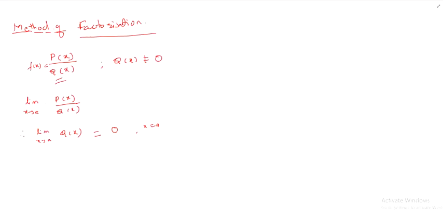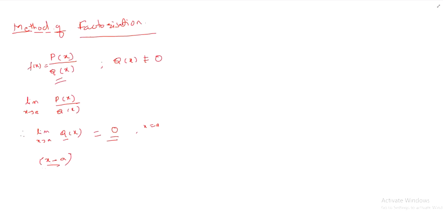So how do we avoid this? Its meaning is that there should be a factor, that is x minus a, in this polynomial, and this factor x minus a we have to remove from numerator and denominator if it is possible. It is very sure that if the limit of q of x as x tends to a is equal to 0, then its factor x minus a is always there.